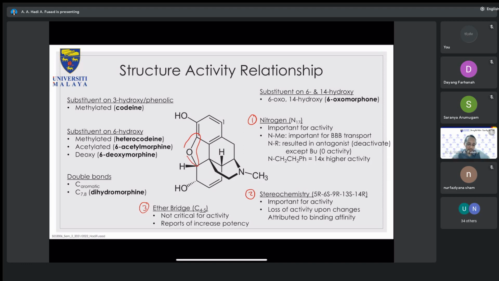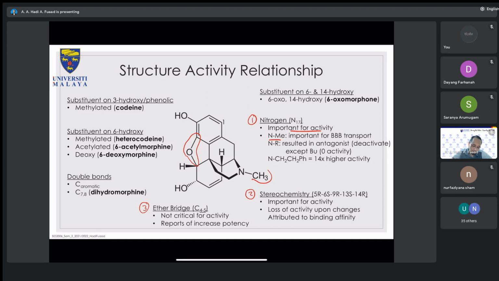On the nitrogen side, it's very important for activity, because on the binding site itself, the lone pair of the nitrogen actually forms a hydrogen bond with another peptide on the receptor. That's why it's very important for activity. If you change it to something else, then the activity will be lost.